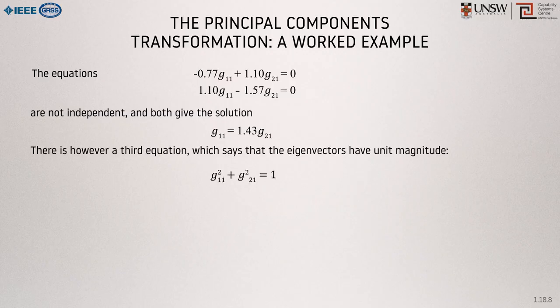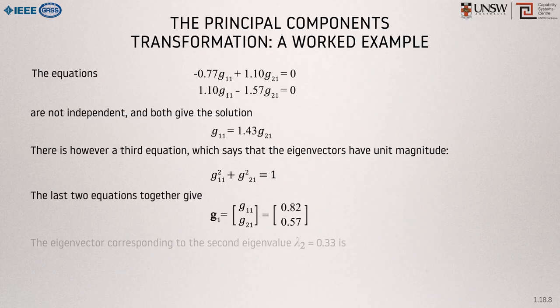We now introduce a new bit of information, that is, that the eigenvectors have unit magnitude as seen in the middle of the slide. The magnitude of a vector is the square root of the sum of the squares of the elements. Since that sum has to be unity, we don't need to worry about the square root operation. It is sufficient to say that the sum of the vector elements squared has to be unity.